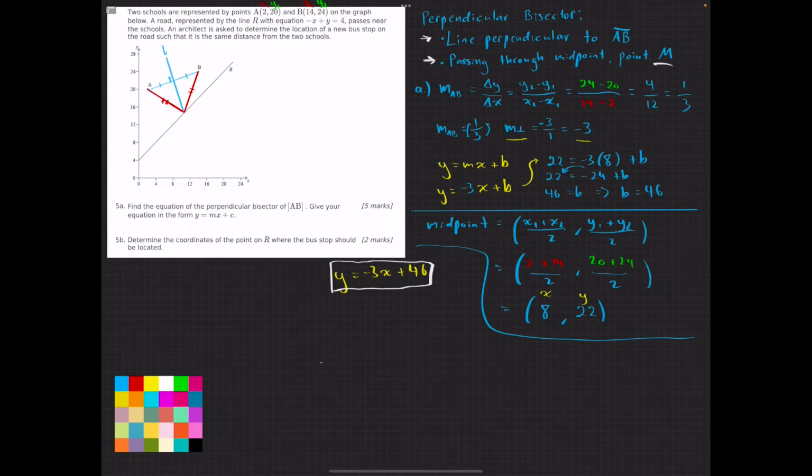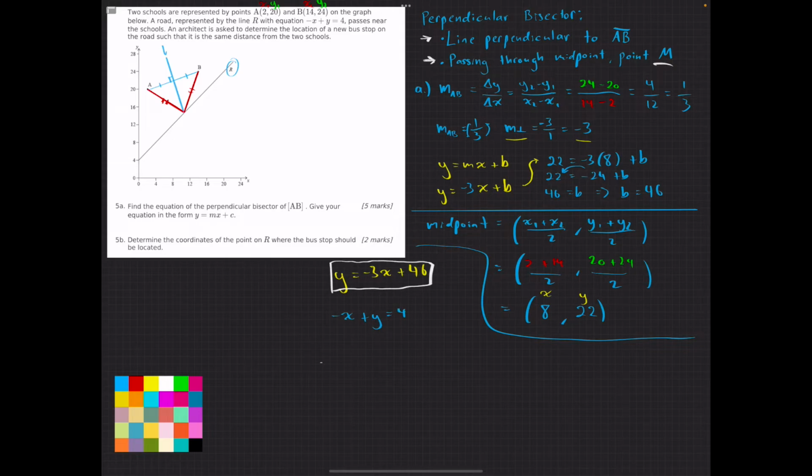Okay. Now we want to find the coordinates of the point R, where the bus stop should be located. So we have one equation, y is equal to negative 3x plus 46, and we have the equation of the road itself, this equation R right here, which they told us is negative x plus y is equal to 4.